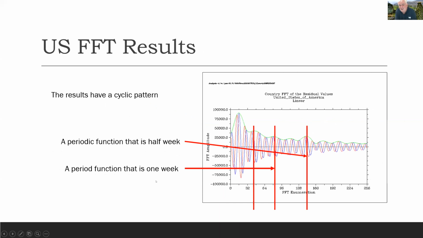So what we end up with is a fast Fourier transform. I look at these things all the time, so I never go in and actually recalibrate them, because I'm only looking for the patterns. I'm not really interested in the numbers. But if you go in and actually look at it, what we have is a periodic function which is about half a week. We have a periodic function which is 1 week. We have a periodic function which is a fortnight.